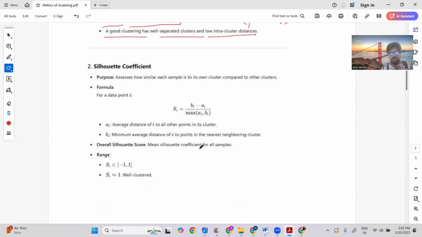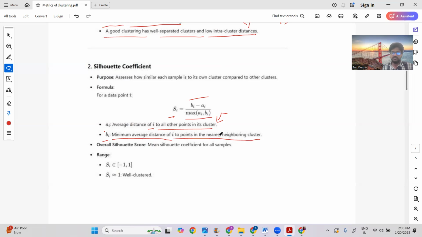Then the Silhouette quotient. We already know what the Silhouette quotient is. The Silhouette quotient is equal to (b_i minus a_i) divided by max of (a_i, b_i), where a_i is the average distance of i to all the other points in its own cluster. We already discussed this. b_i is the minimum average distance of i to the points in the nearest neighboring cluster.